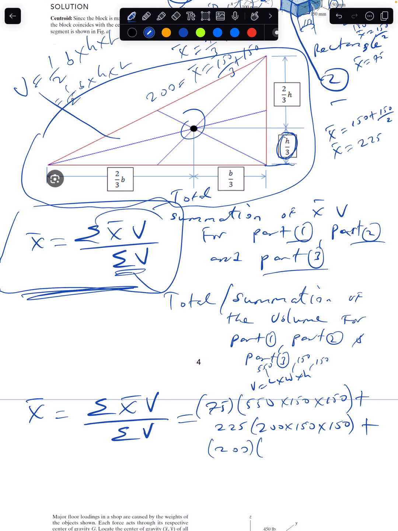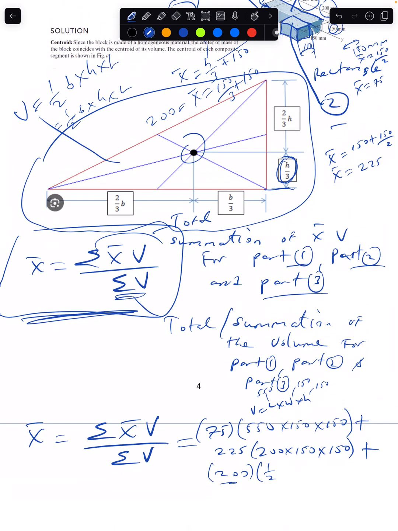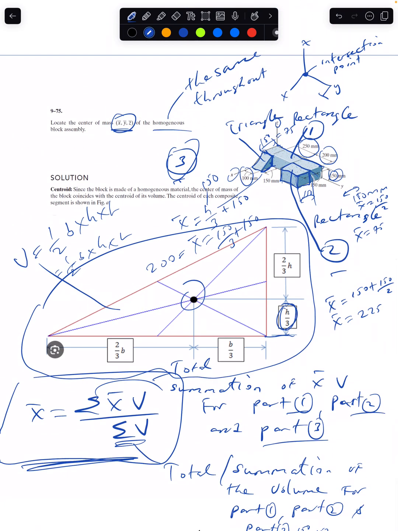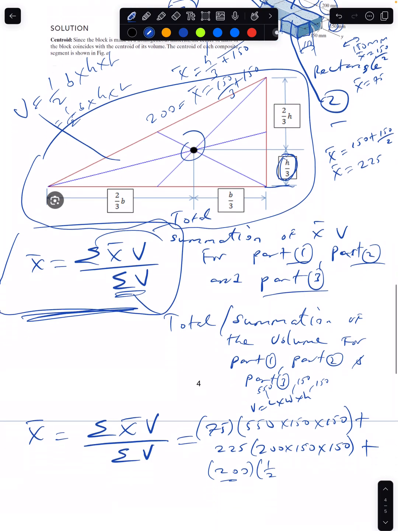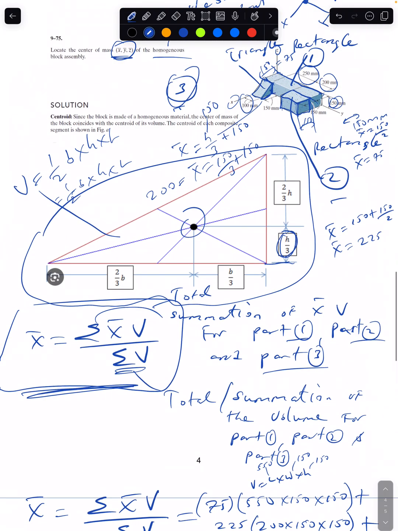So I'll write the volume, because we need the centroid x bar times the volume. The volume for part 3, which is a triangle, is half base. And what is my base? My base for that triangle is 150. And what is my height?